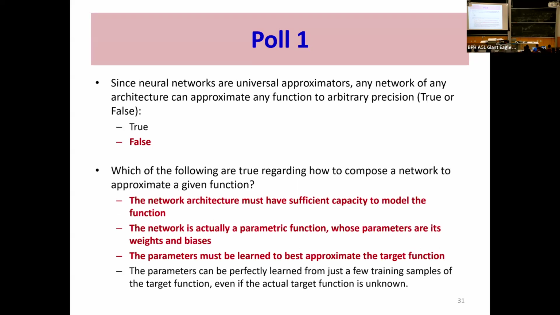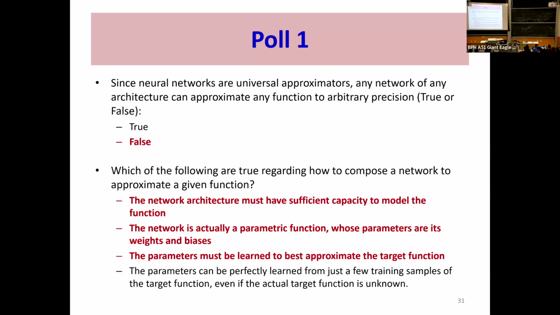On the other hand, what this means is that the network architecture must have sufficient capacity for it to model any given function. The network is actually a parametric function, where the parameters are the weights and biases. And these parameters must be learned for the network to best approximate the function.